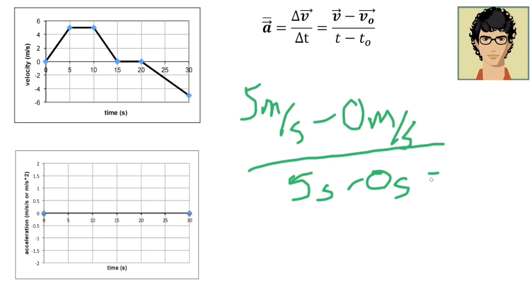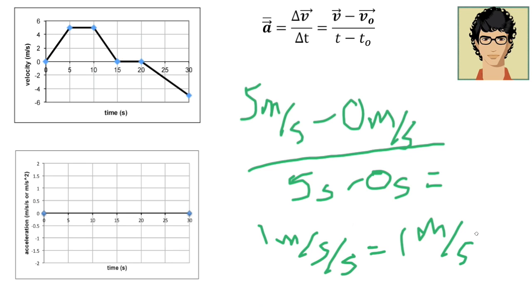So altogether, that gives us 1 meter per second, or we can write that, like I said before, this is equivalent, and usually you'll see it this way in any textbook like yours, 1 meter per second squared. That means we're gaining 1 meter per second every second, okay?